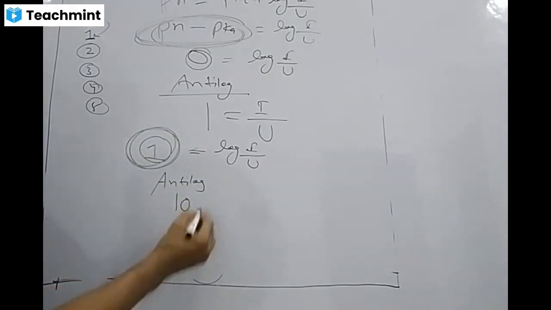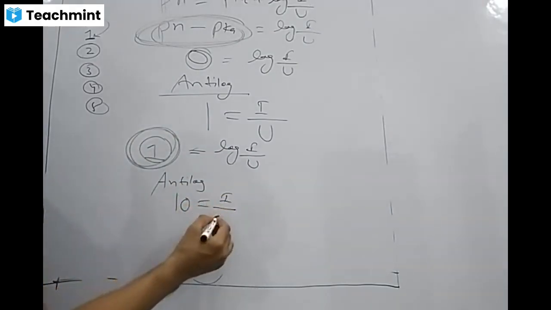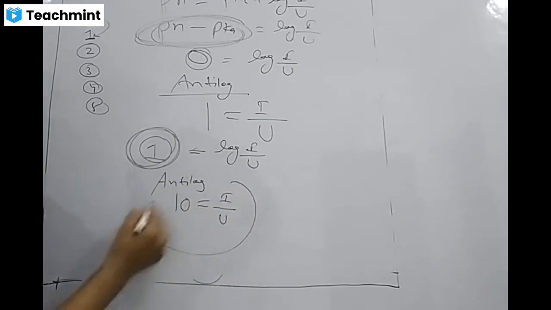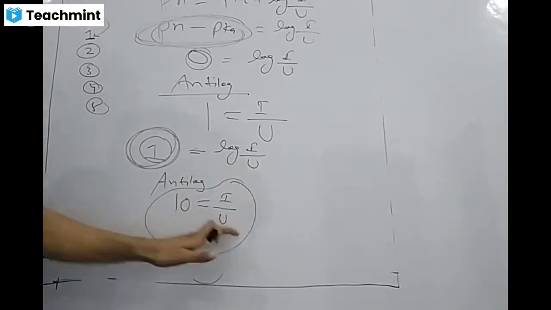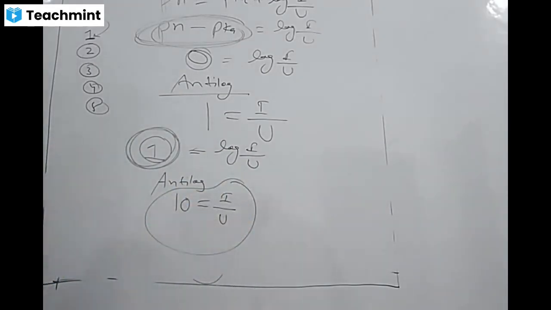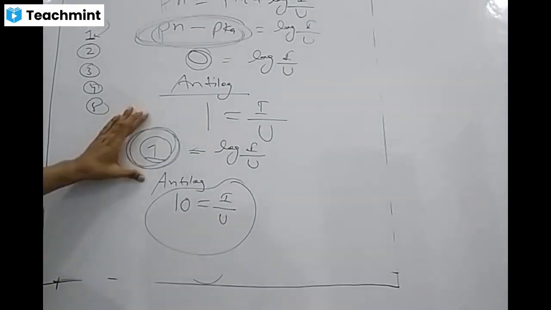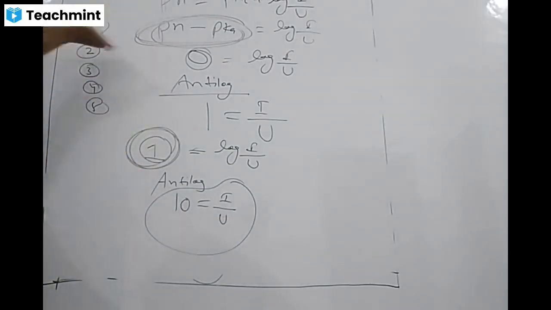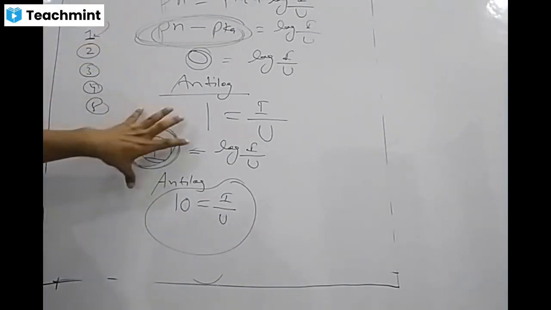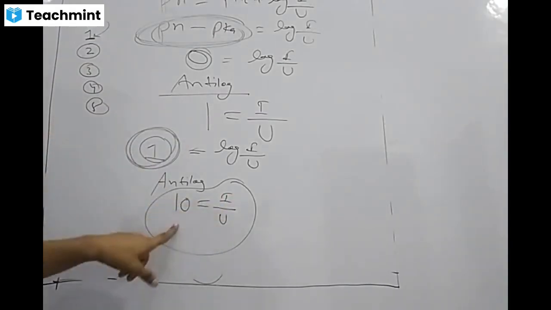Anti-log of 1 is 10, equal to I divided by U. So this is the meaning of that line. If I change the pH by 1 unit, from 2 to 3 or 2 to 1, 3 to 4, 3 to 2, if I change the pH by 1 unit, this ratio will be 10.